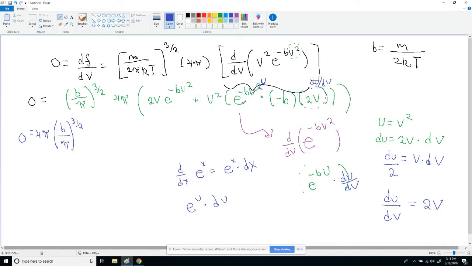Let's go ahead and factor out this, because we see that in both terms.